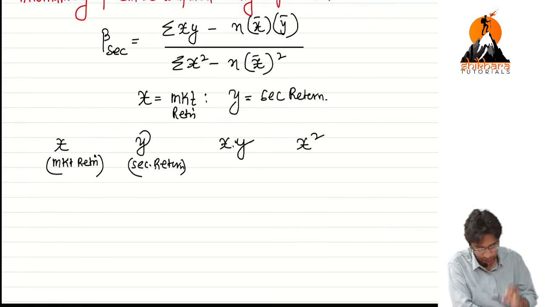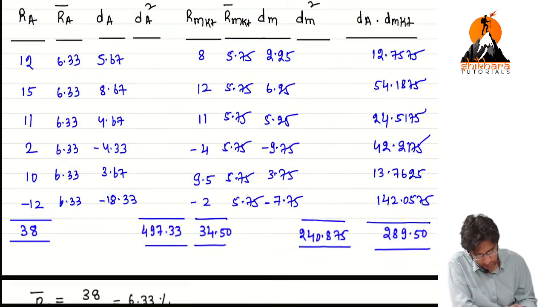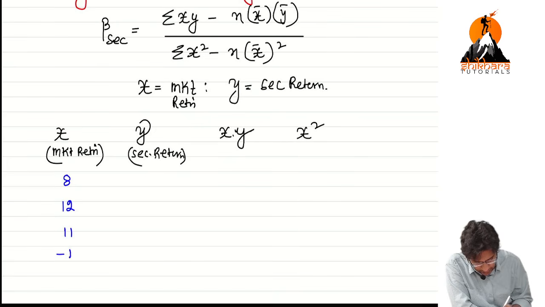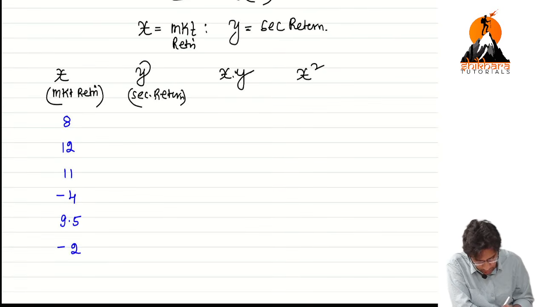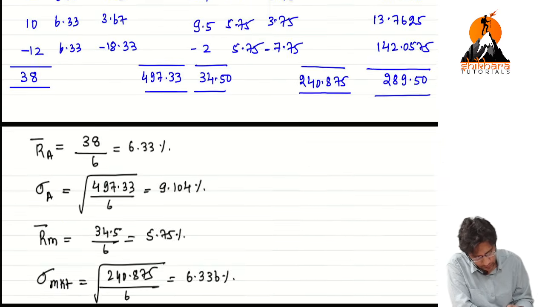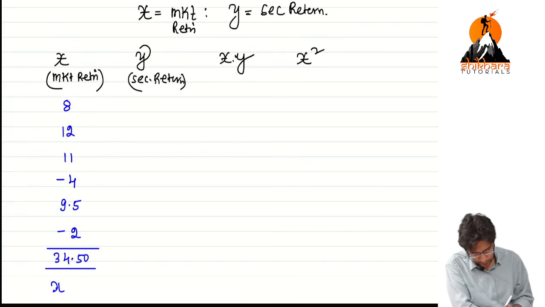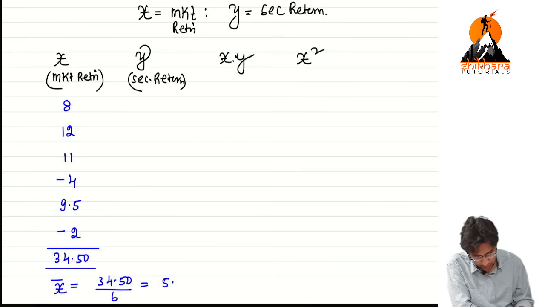Tell me the numbers now. Column x: careful, the market data you have to copy. 8, 12, 11, minus 4, 9.5, minus 2. The total we already did earlier, same total, 34.50. X bar is 34.5 divided by 6, which is 5.75, as you told me earlier.